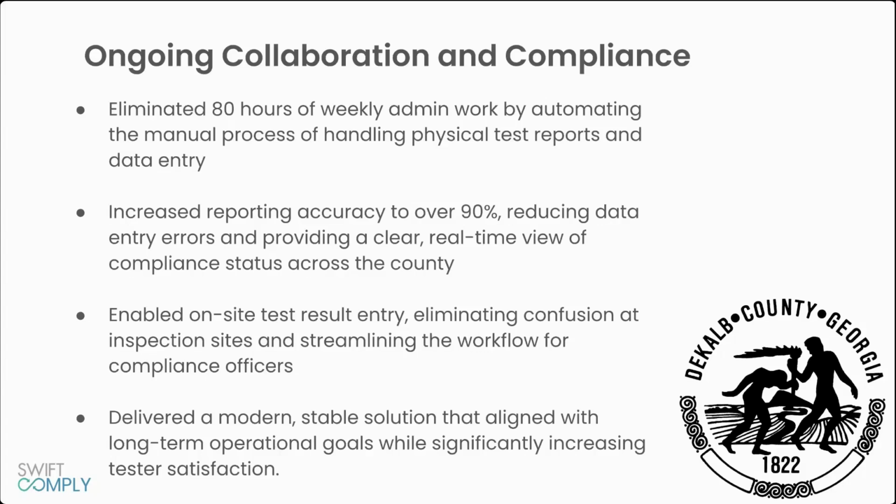So it's all captured and included in one place. The system can review that, check for any errors or issues, and then flag it up to the DeKalb County team so they can say, okay, we had 100 test reports submitted this week. Here's 20 that need a closer look. The rest look good. I don't need to spend my time reviewing those as closely.